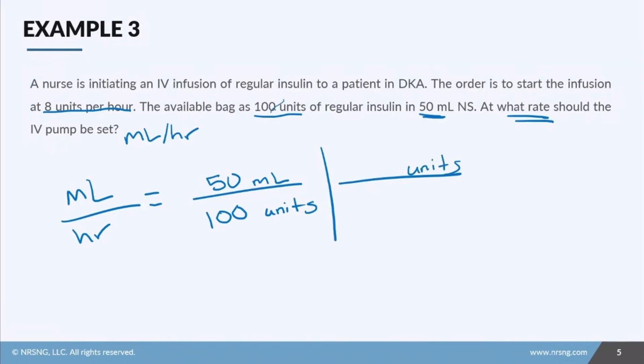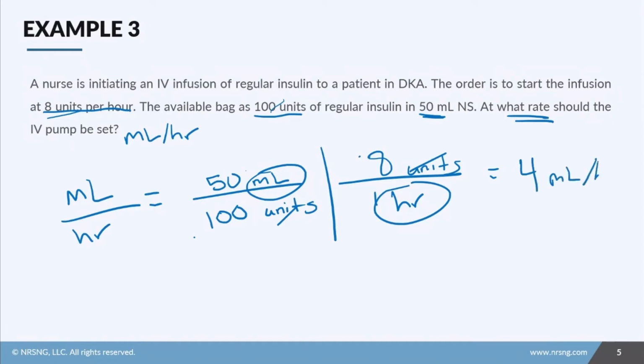Well, we've used this piece already, so let's use this one. 8 units per hour. Cancel units. We're left with milliliters per hour, which is exactly where we want to be. Then you're going to multiply across the top and divide across the bottom. 50 times 8 divided by 100 divided by 1 gets you 4 milliliters per hour.